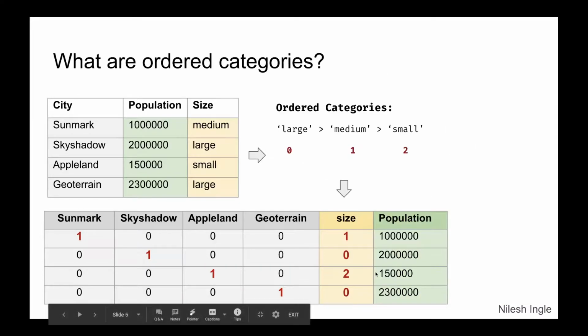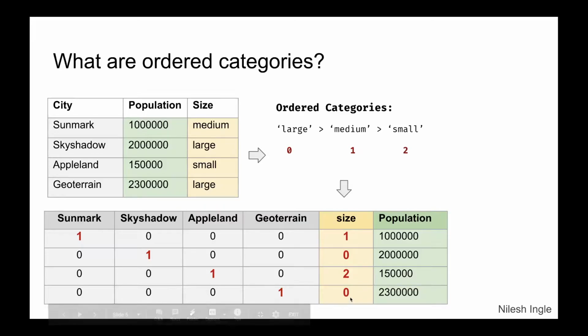So in this particular plot, this cities part is one hot encoded, whereas the size part is ordinally encoded. Now let's get into Jupyter Notebook and start coding.